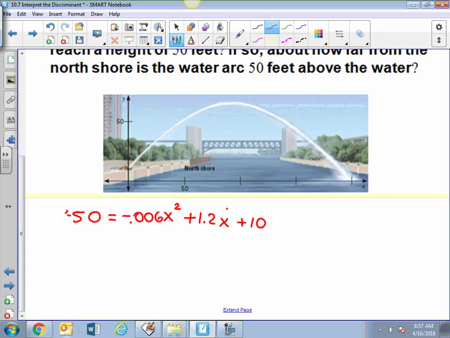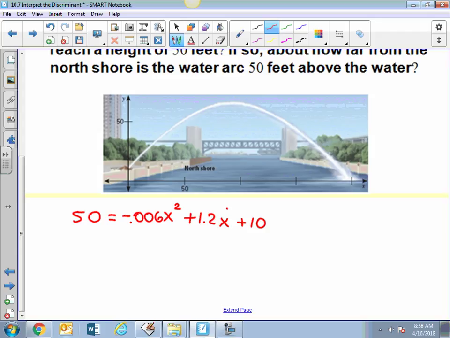If we want to know if it hits 50 feet, we need to get the left side to be 0. And really that holds true with any quadratic equation that you see, unless we are completing the square. Now this one would probably not be a real good idea to complete the square.